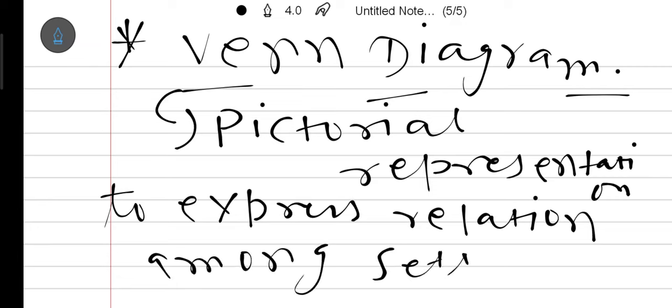So this is what a Venn diagram means. A Venn diagram is a pictorial representation to express relation among sets.